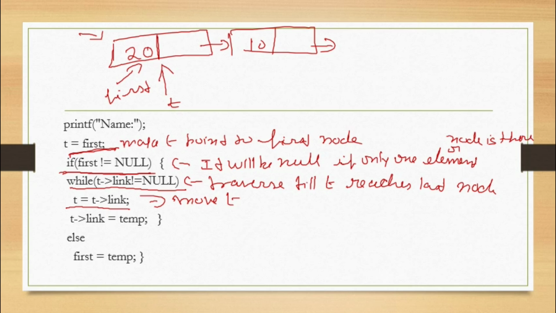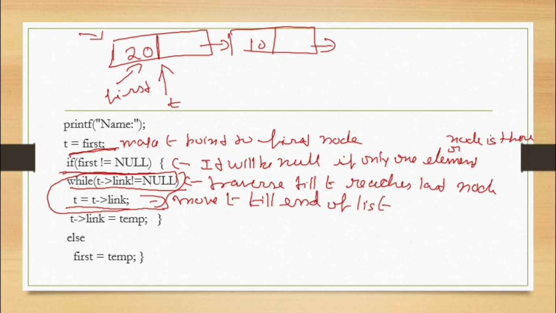So students, you can see here we don't have any brackets, so these two steps will be executing, that is, while t arrow link is not equal to null, t is equal to t of link, move t till the end of the list.